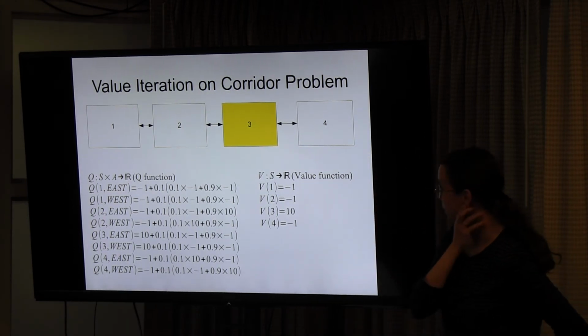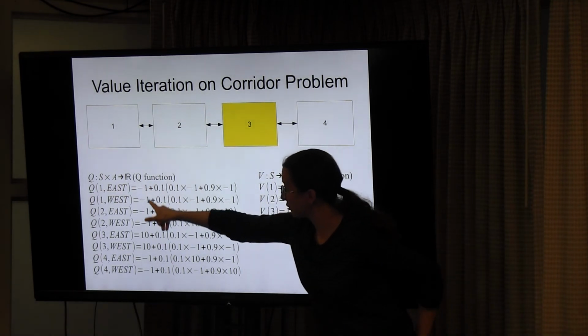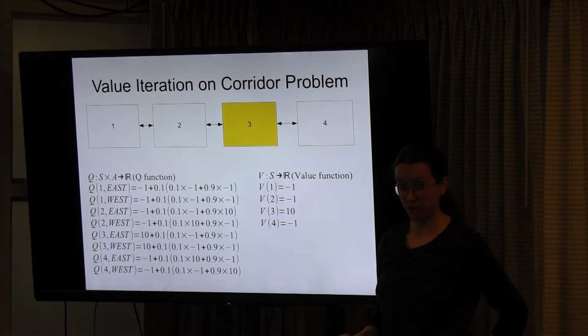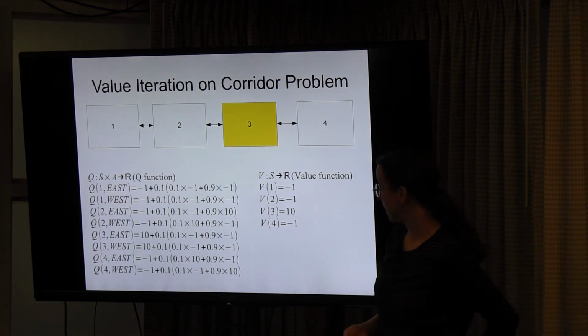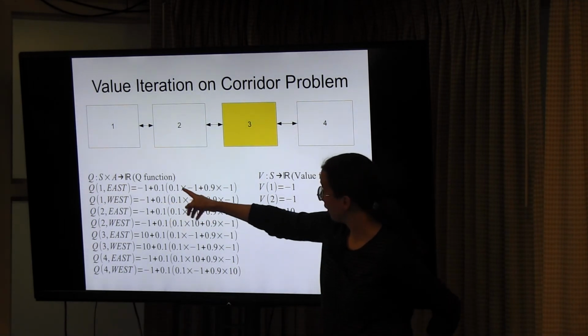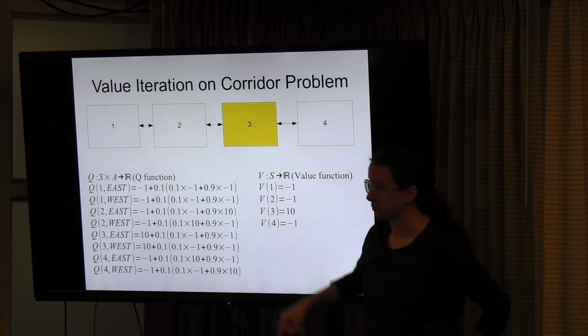Okay? So this is sort of playing out the whole thing over again. So what's this first column, these first numbers? Same as before. The reward, yeah, the reward for being in that state. And this is discount factor. So what is these 0.1s times -1 plus 0.9 times -1?